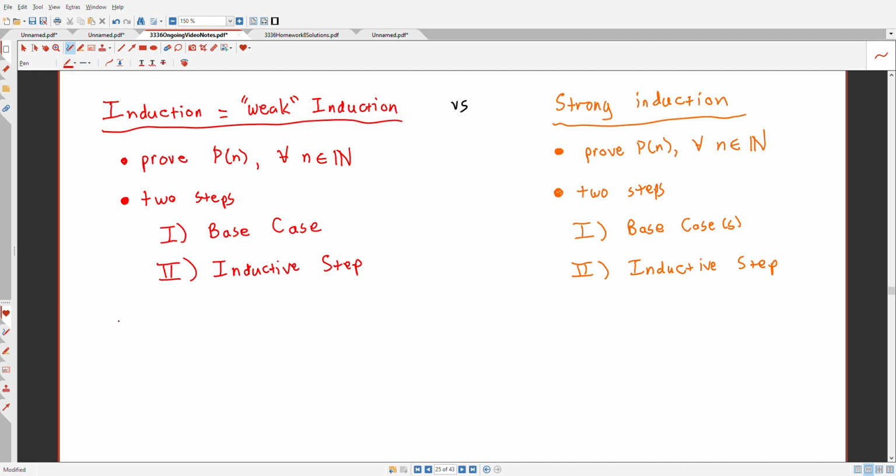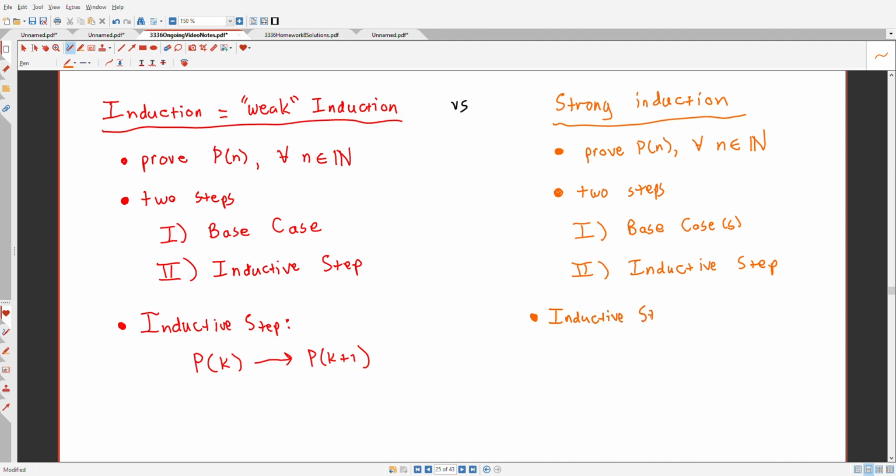So let me go over here in red, remind you that the inductive step was an if-then, right? The inductive step was if P of k is true, then P of k plus 1 is true. And strong induction has a different if-then for its inductive step.